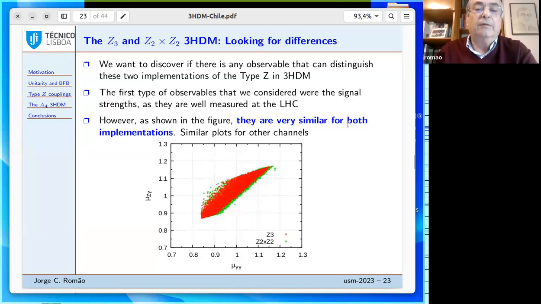And if you think a little bit about it, that was more or less expected, because for this type of observable, essentially it is the Yukawa Lagrangian that is normally more important, and of course they have the same type of Yukawa, so you cannot distinguish from there.